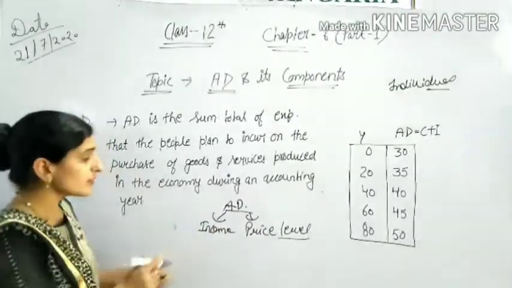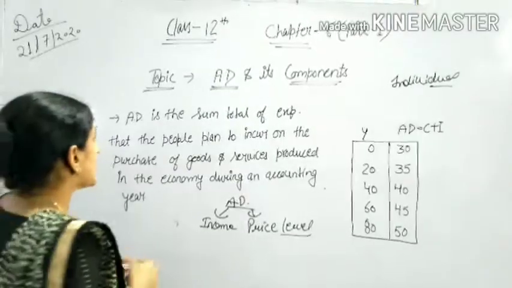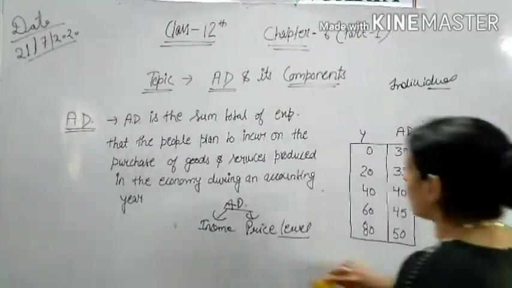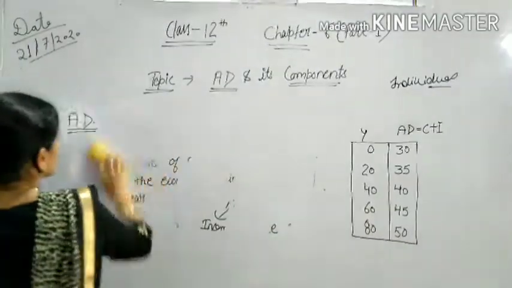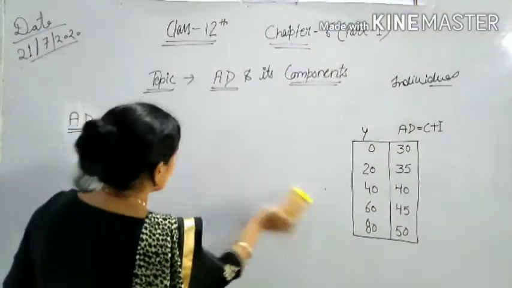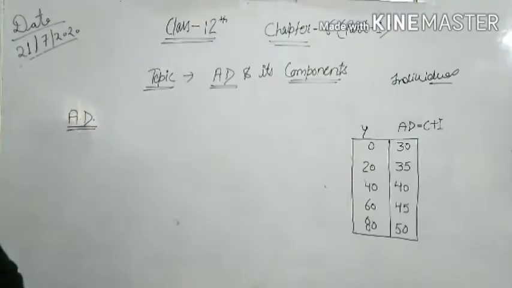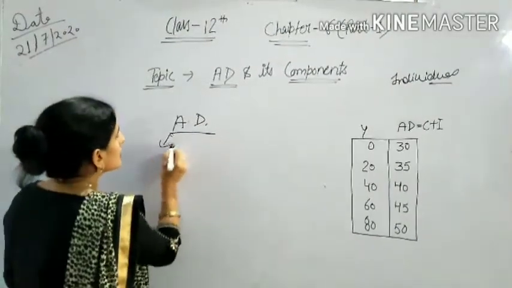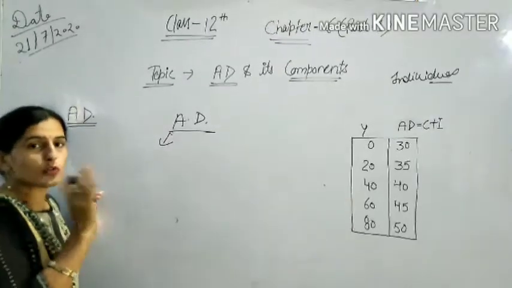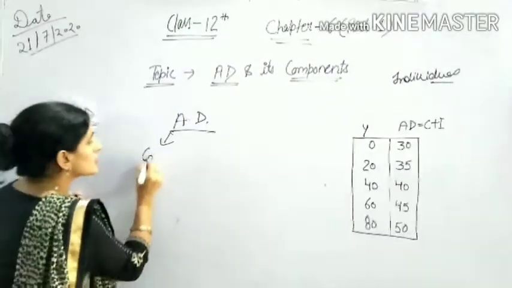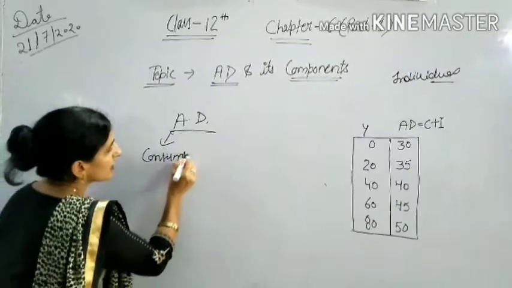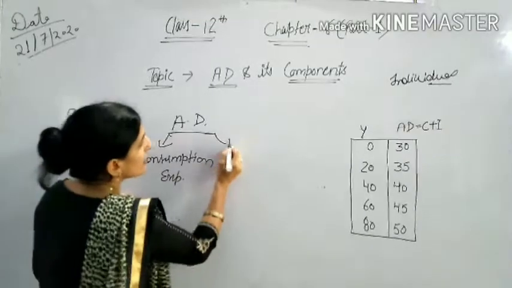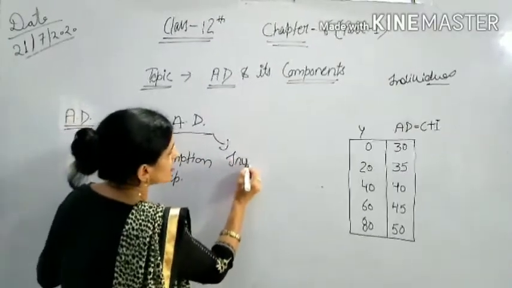So what is AD? AD is the sum total of expenditure done by the consumers in an accounting year. I hope you got the meaning of AD. In AD we are saying the expenditure on goods and services. We take the consumption expenditure and the investment expenditure.